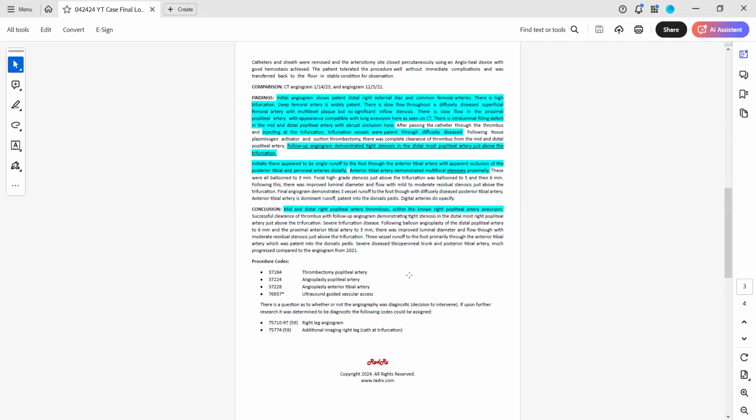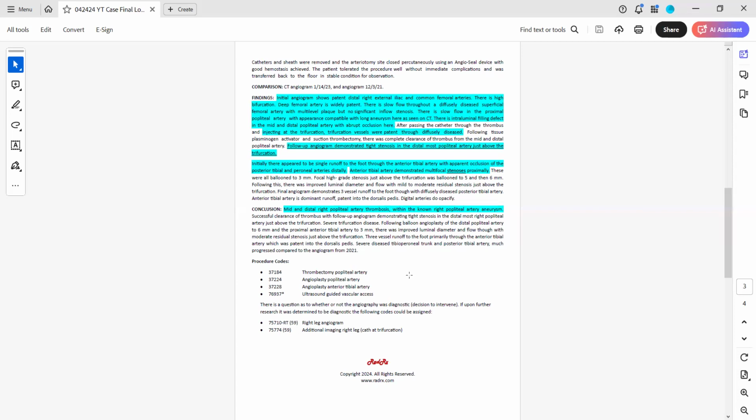So this is an area where you may have to go back and query the physician and ask whether or not the imaging was truly diagnostic in nature to determine whether or not you're going to assign the 75710 and the 75774. So again, the findings are clearly documented. The question is, does it meet all of the CPT criteria for reporting because there was a prior study? So there would need to be ideally some type of indication in the documentation about it being diagnostic and about it resulting in the decision to intervene.